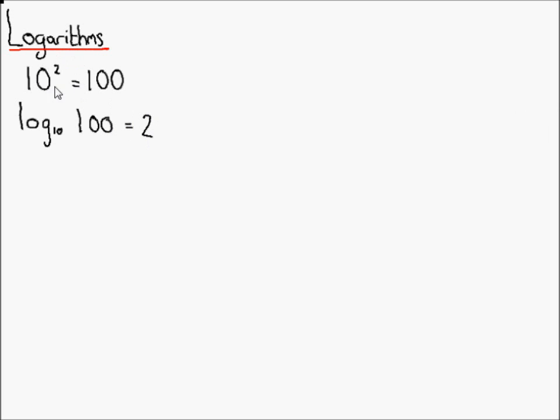These two statements are identical, it's just that the numbers have been shifted around a bit. Log base 10 is normally abbreviated. If you see just log on its own, it's assumed to be log base 10. But for this case I'll put a base.